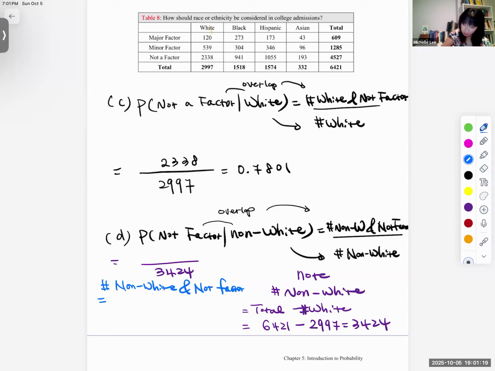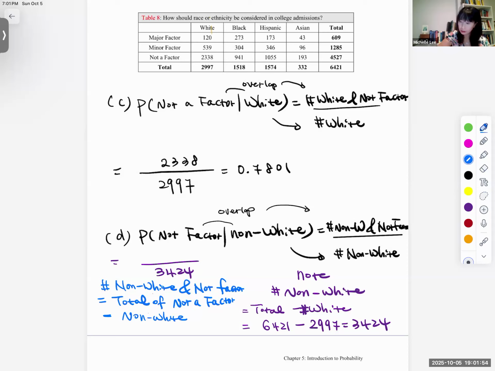Yeah, there will be total of not a factor minus non-white.